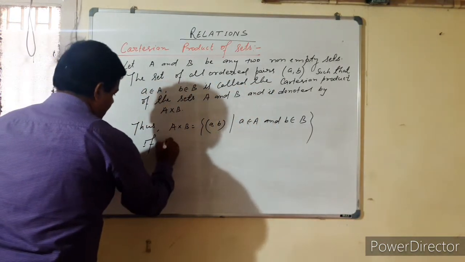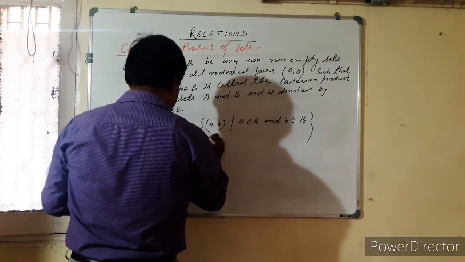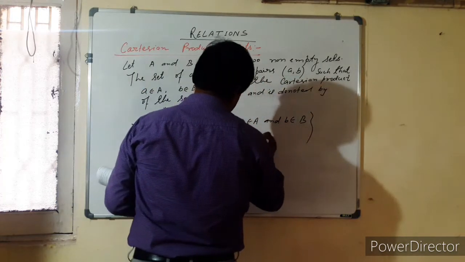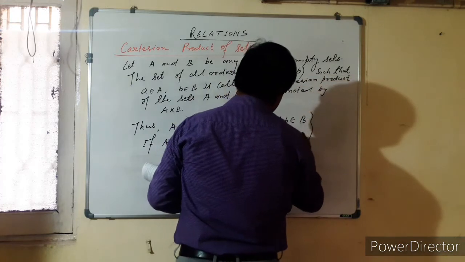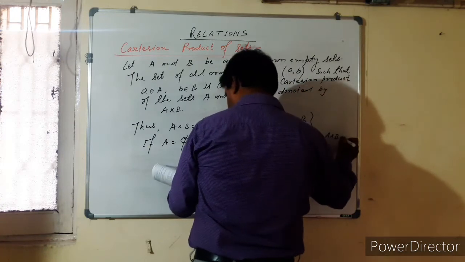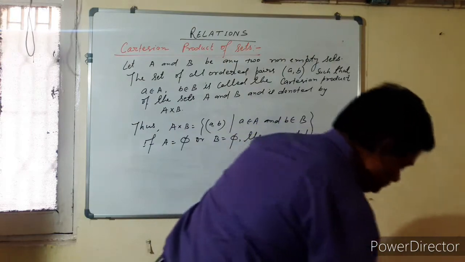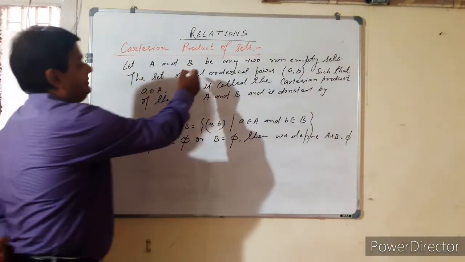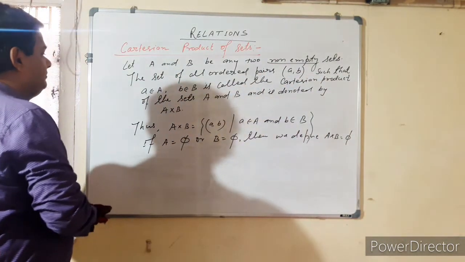If A is equal to the null set or B is equal to the null set, then we define A cross B equal to the null set. So A and B should be two non-empty sets.